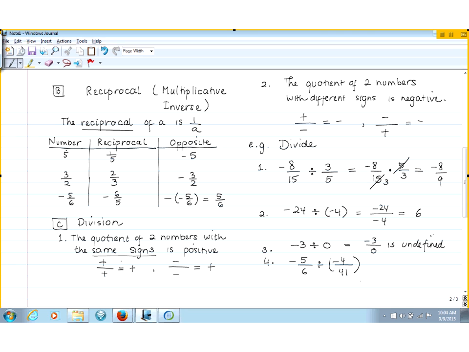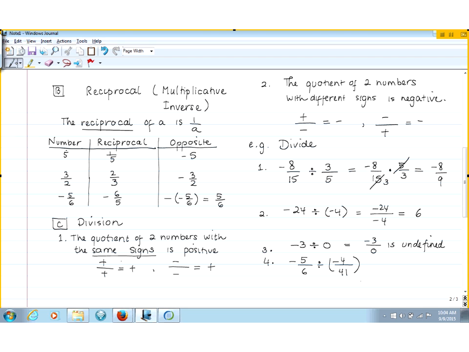So any number divided by 0 is not 0, it is undefined. 0 divided by negative 3 is 0. No, it's different. This one, the 0 here, this is an empty set. It's different. So if it's undefined, then we will just write undefined.